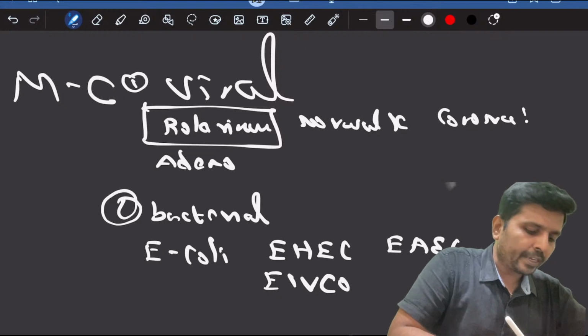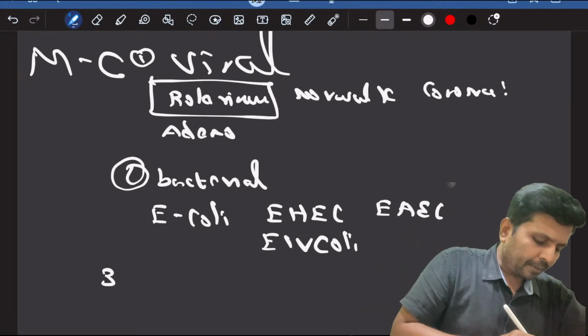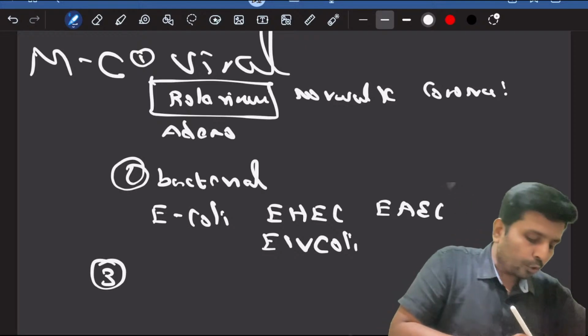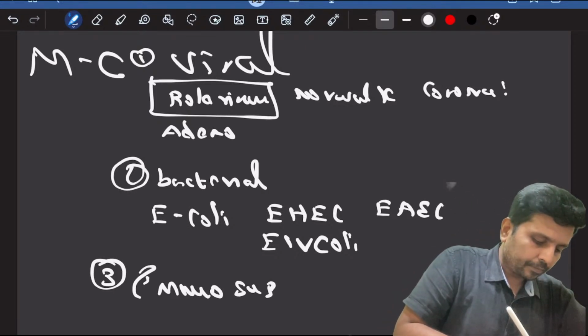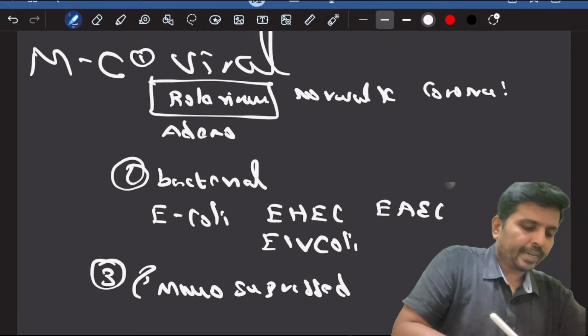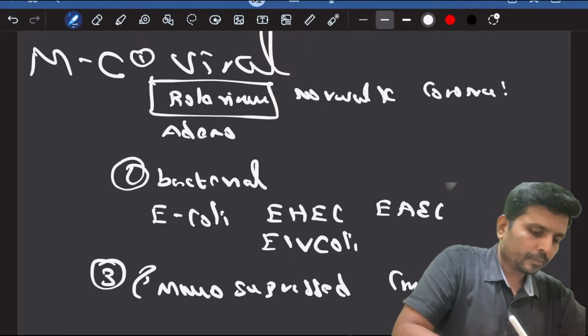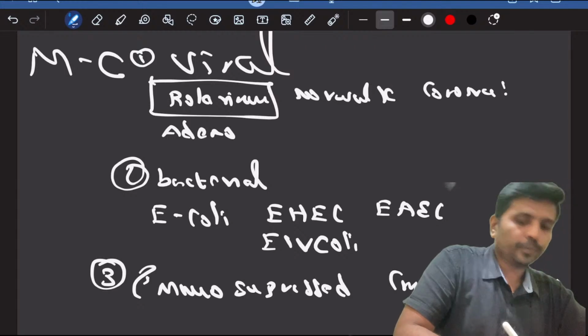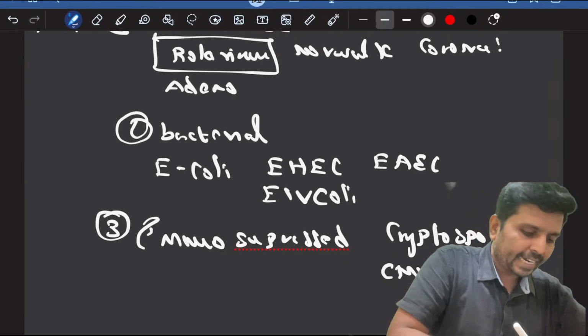There are so many E. coli, bacterial. Apart from that, in the immunosuppressed, you can get diarrhea due to Cryptosporidium, or it can be due to CMV or Candida.